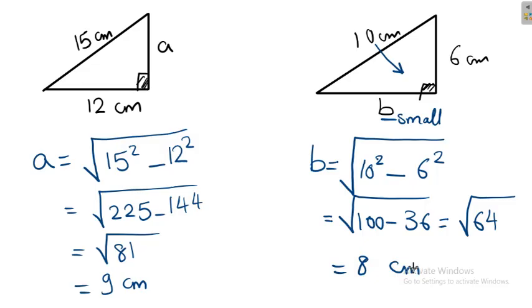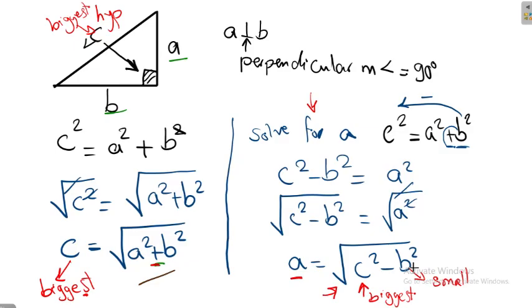Now, getting back to the first slide. Again, when you want to get the biggest side, Pythagoras said that the biggest side is equal to the square root of the summation of the squares of the two other sides.